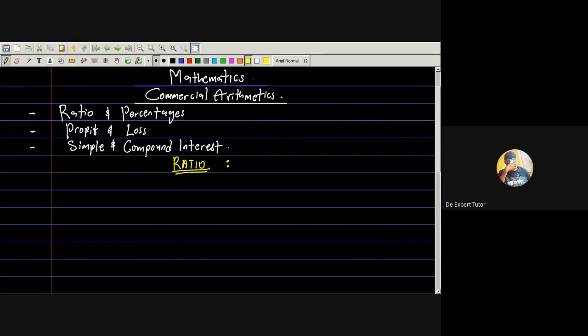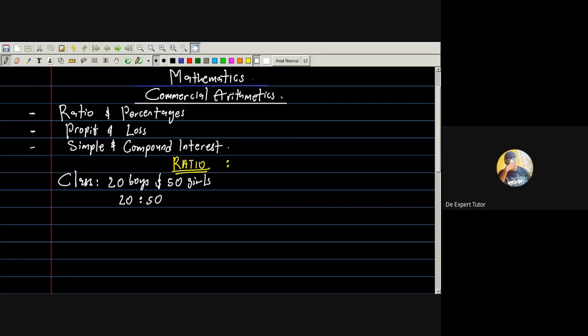Let me take, for instance, a class. Let me say this class has 20 boys and 50 girls. If I want to compare these two, I'll just simply take their ratio. 20 ratio 50.